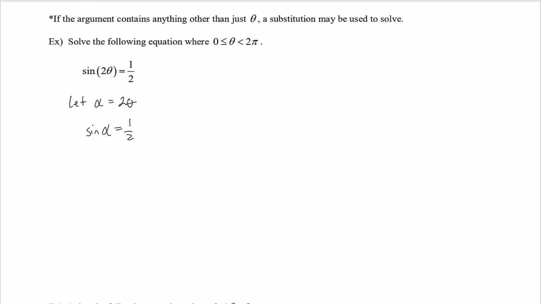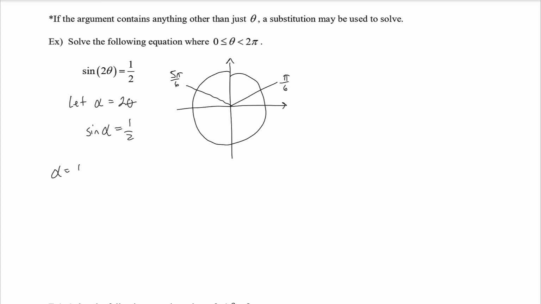Well, we did this one earlier, but I'll revisit. The sine ratio is 1/2 when you are at pi over 6 and 5 pi over 6. So alpha needs to be pi over 6 plus 2k pi, or alpha needs to be 5 pi over 6 plus 2k pi.